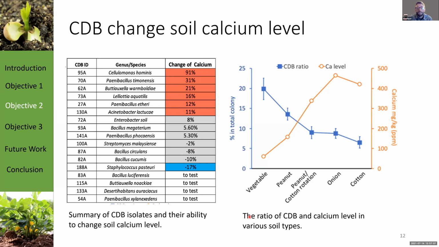So the next look was looking at the actual population dynamics within various soil and rotation types. So we took soil samples from different field types: vegetable, peanut, cotton, onion, and cotton.